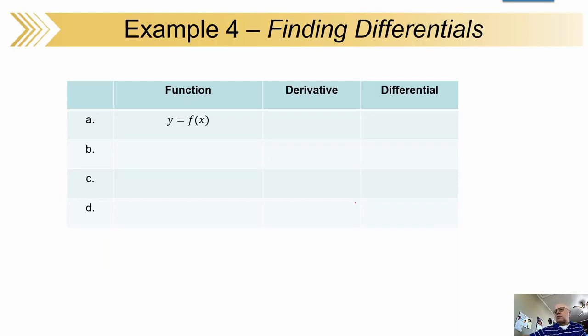So, let's take a look at some examples. Here we've got y equals f of x. And what you'll do is you'll take the derivative. Remember that f of x was x squared. So there's your derivative. And to get the differential, multiply both sides by dx. And there you've got your differential equation. Function to the derivative to the differential.